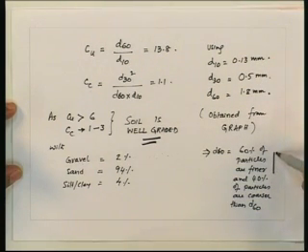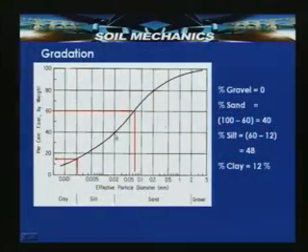In this slide is another example, not the same as what we have seen just now, in which a typical grain size distribution curve is shown, with particles ranging from sand, silt and clay, plotted with particle diameter on the x axis and percentage finer by weight on the y axis.